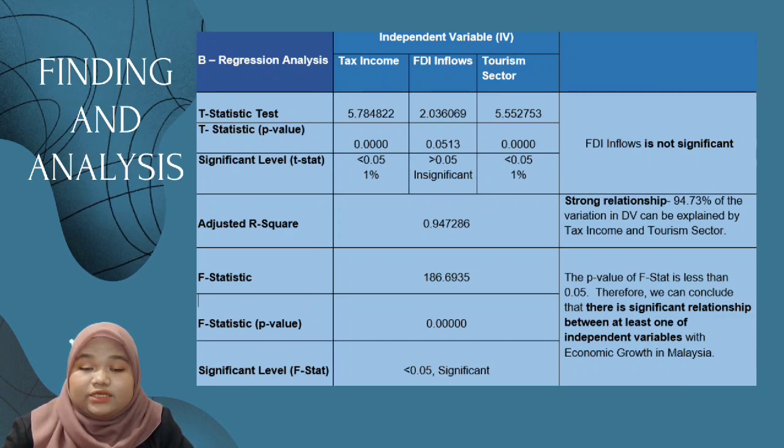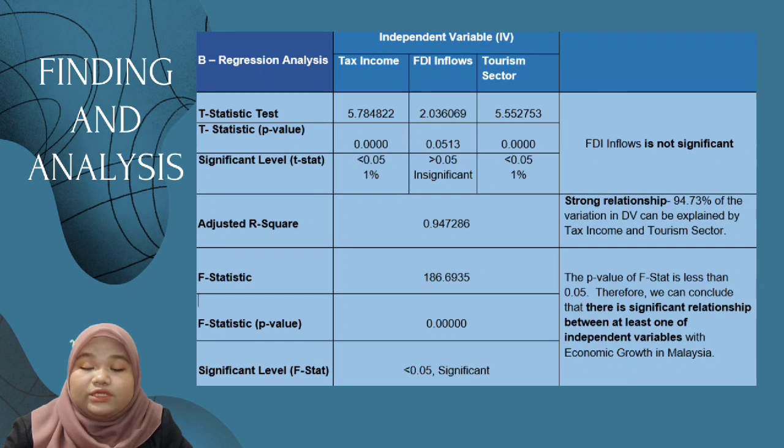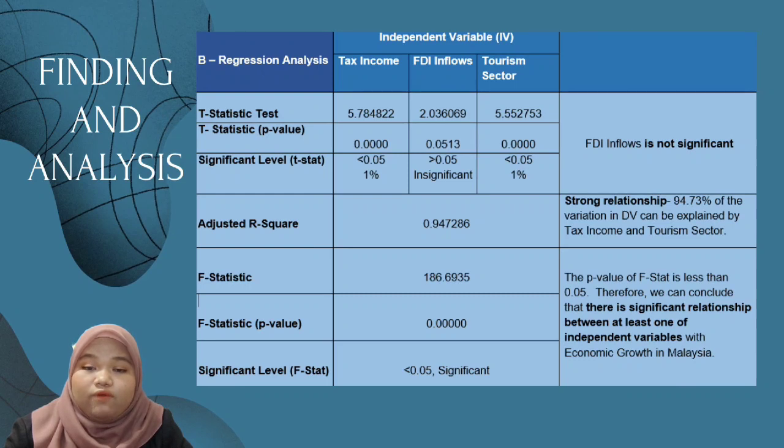The value of adjusted R-square is 0.947286, which indicates a strong relationship. 94.73% of the variation in the dependent variable can be explained by two of the independent variables, TOI and LTE, in the model.